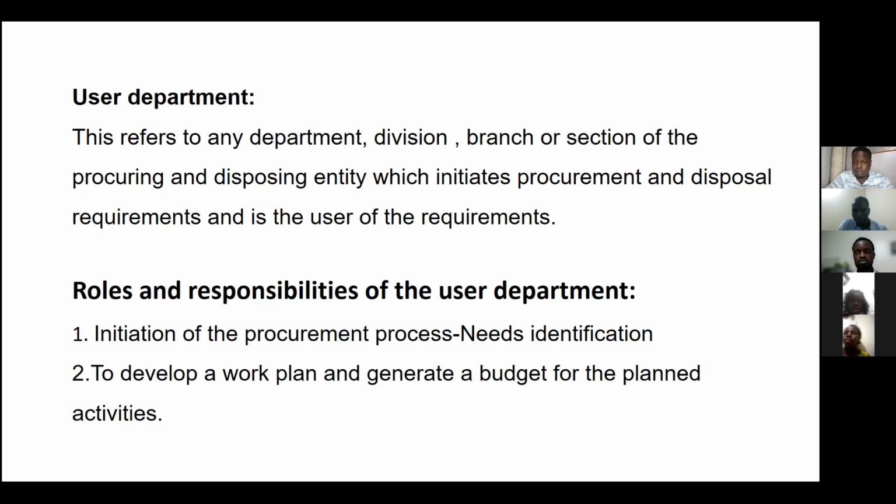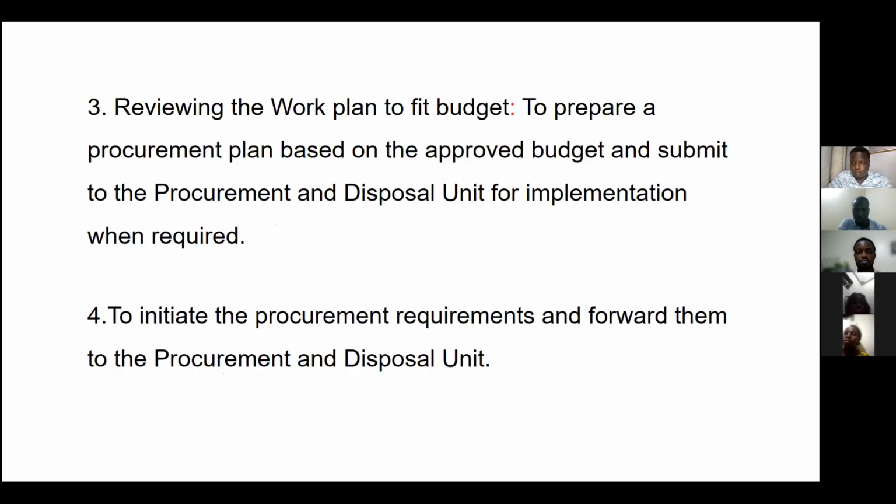So it is this work plan and budget that are submitted to the procurement officer to absorb into the general budget and work plan of the entity as a whole. So there are many other roles of the user department that my team members are going to share. Over to you.